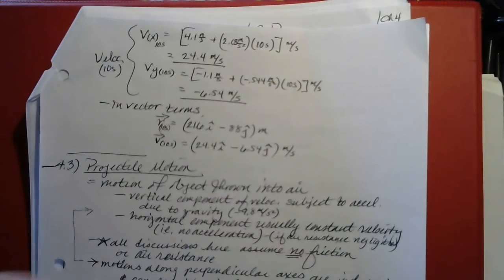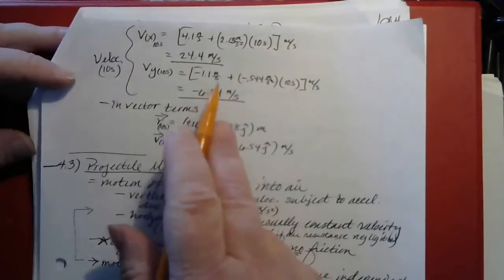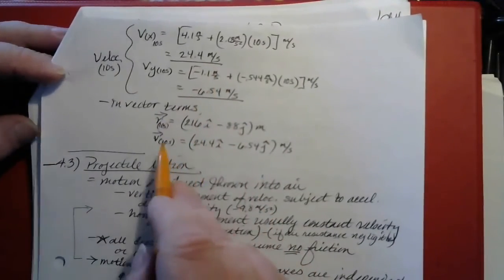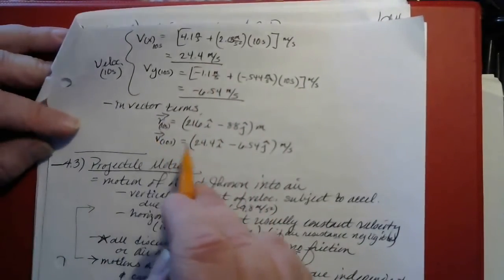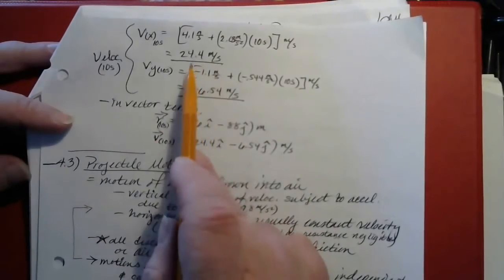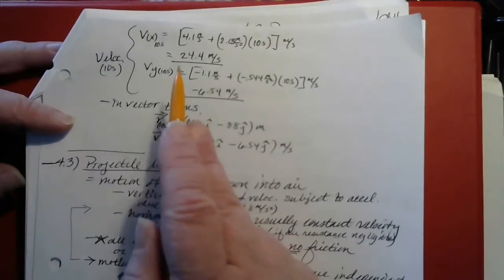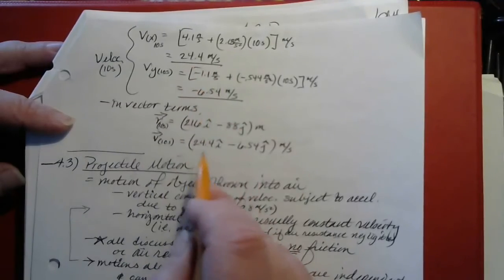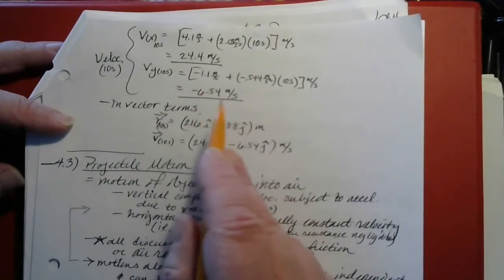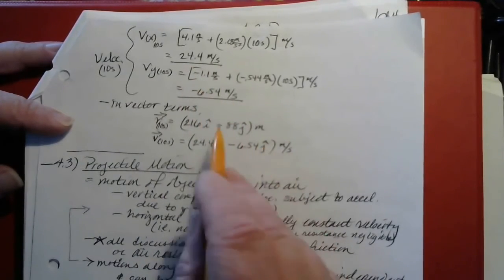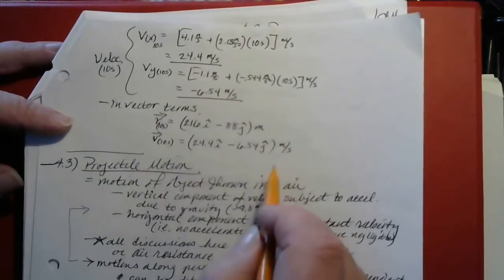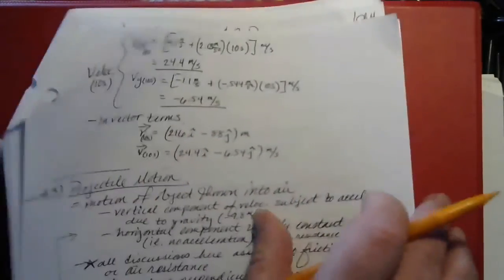In vector terms, for the velocity, the velocity vector equation can be given as 24.4 times unit vector i, because that's in the x direction, minus 6.54 times unit vector j, because that's in the y direction, and that's meters per second.